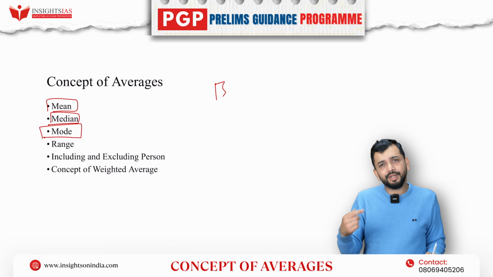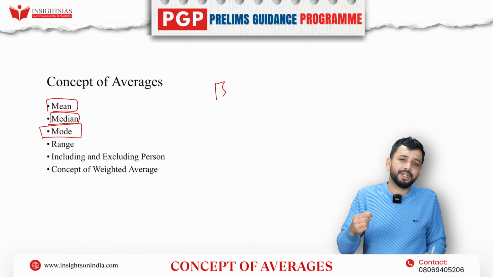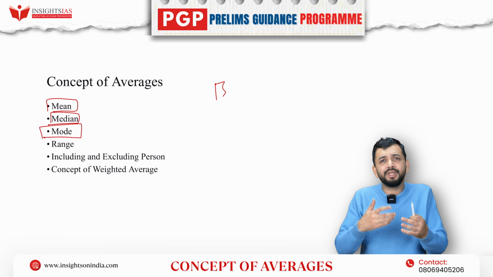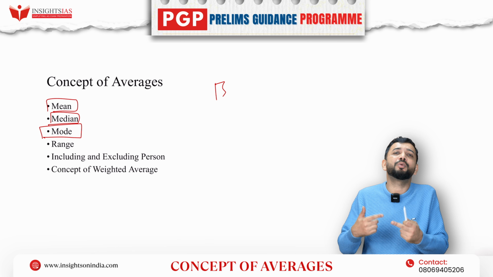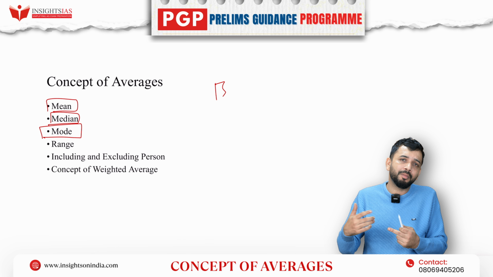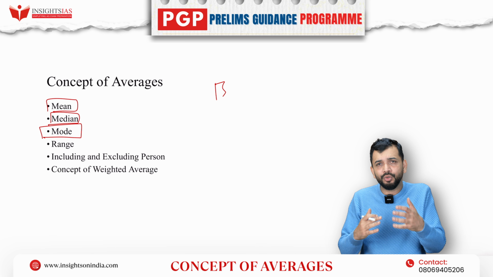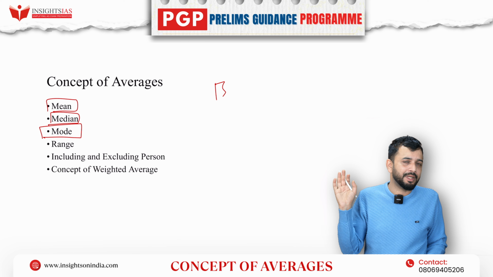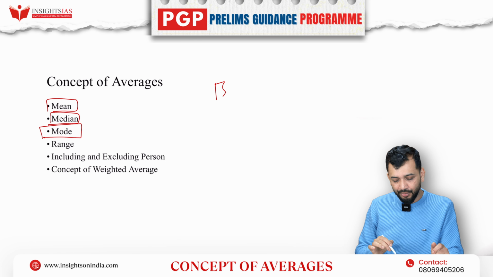So once I repeat my experiments, I look at which result has become correct the maximum number of times. That is where I look at the mode, which shows the maximum frequency of one event occurring many times. Once you get that, it gives you a broader idea. So that is your mode.